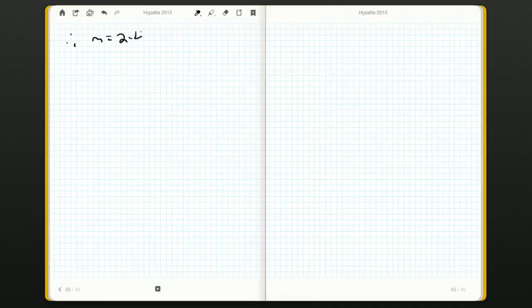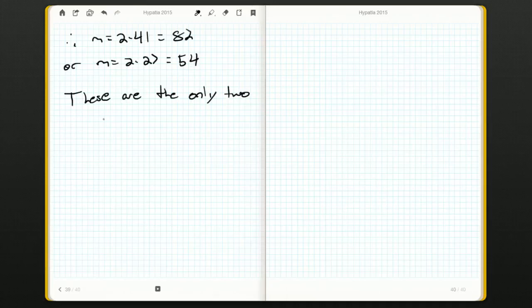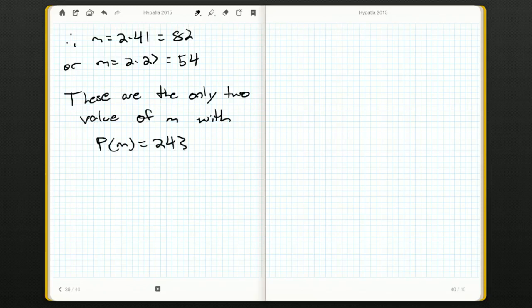So m is either 2 times 41, which is 82, or m is 2 times 3 to the 3, so 2 times 27, which is 54. And these are going to be the only 2 values of m with P of m going to be our target value of 243.